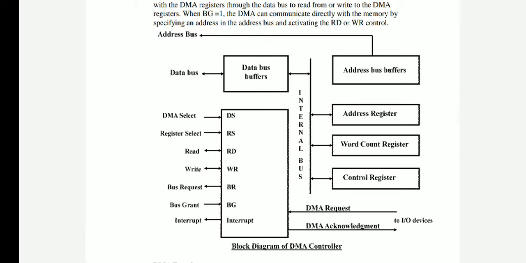After acknowledgement, the input-output device sends a request to the DMA controller, and after getting the acknowledgement, all data are transferred internally through the bus, which is controlled by the address register, word count register and control register.